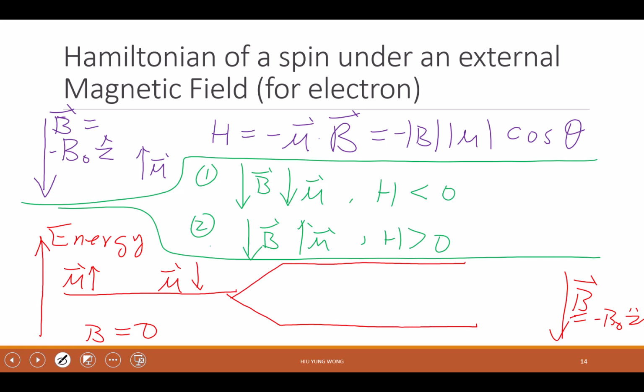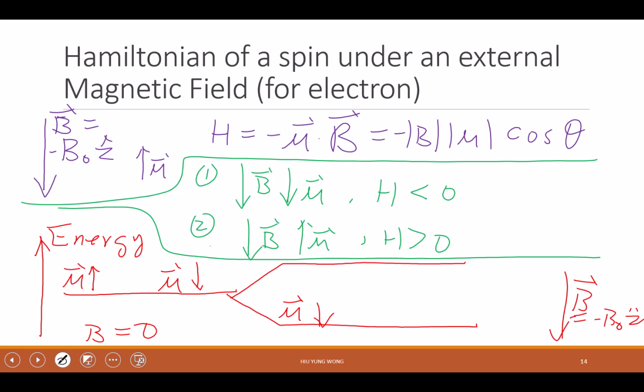Which one has a lower energy? Magnetic moment pointing up or magnetic moment pointing down? My magnetic field is pointing down. The one that aligns with the magnetic field has a lower energy.